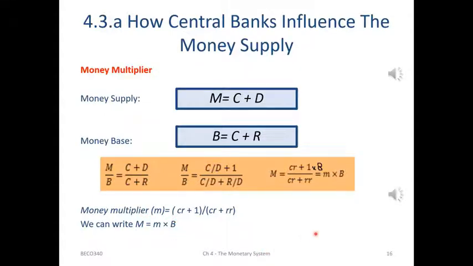The money supply is the money multiplier times the monetary base. Each dollar of the monetary base produces m dollars of money because the monetary base has a multiplied effect on the money supply, and the monetary base is sometimes called high-powered money.